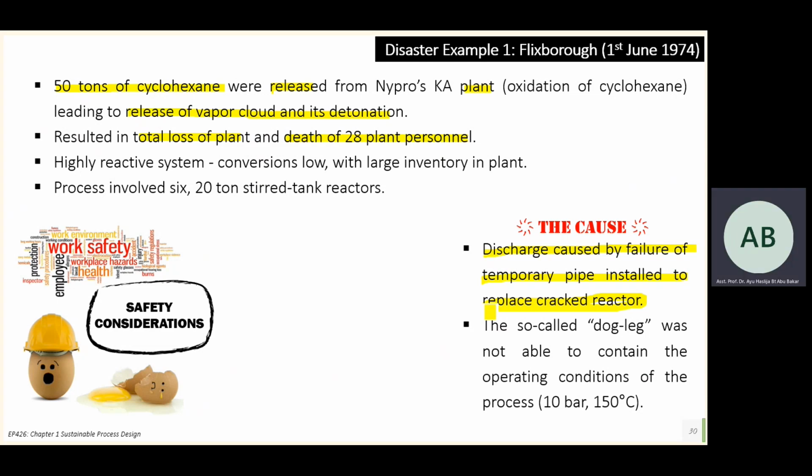The reactor cracked, then they installed a temporary pipe. The temporary pipe failed, so it caused an explosion because the pipe cannot sustain the condition.